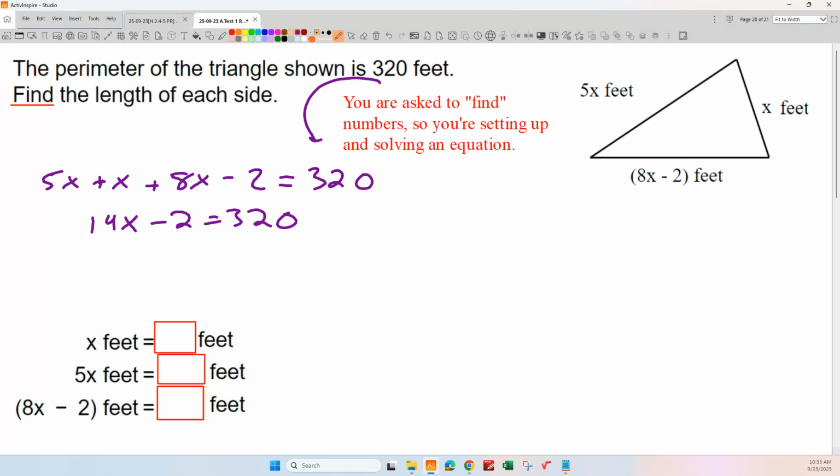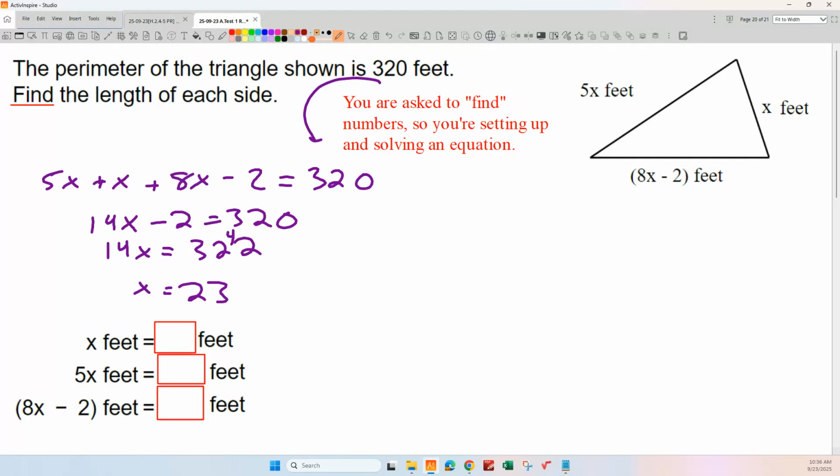Add 2, divide by 14. So 14x equals 322. If I divide by 14, what's that going to give me? 14 doesn't go into 3, but it goes into 32. How many times? Twice. With how many left over? 4. Okay, and 14 goes into 42 3 times, yeah. So x is 23.